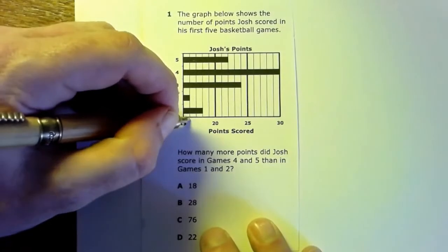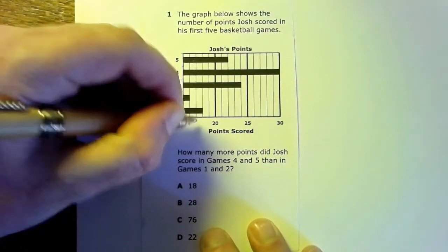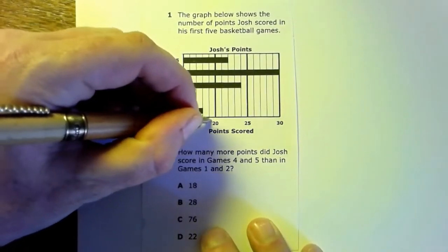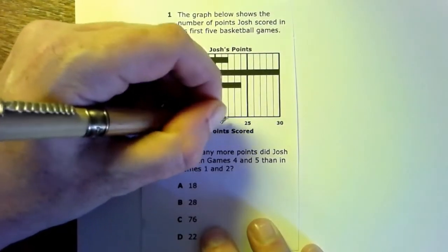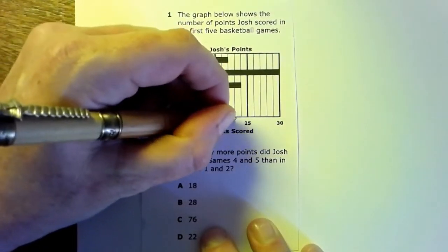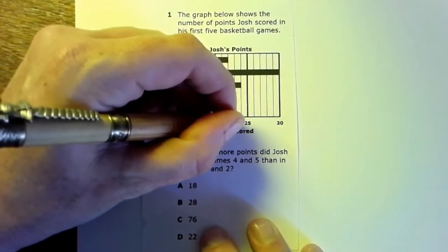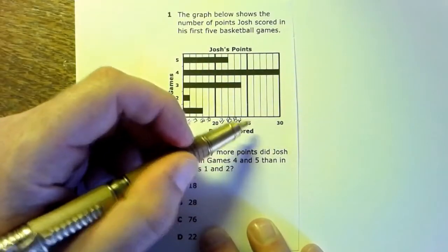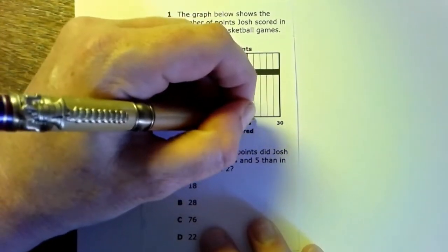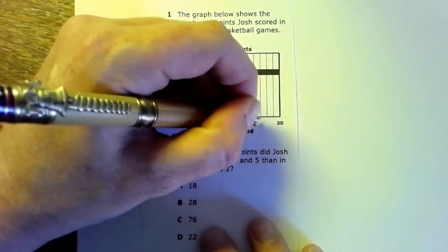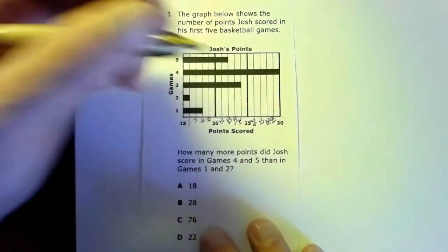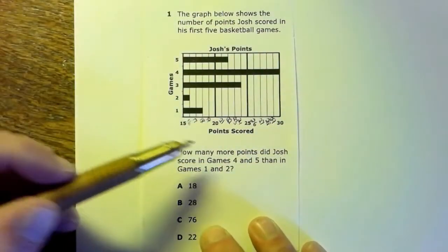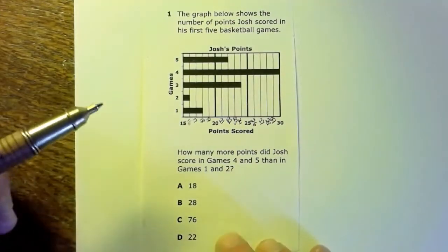So this would be 16, 17, 18, 19, and 20. Then 21, 22, 23, 24, and of course 25. Then 26, 27, 28, 29, and 30. So now I have labeled every line on my bar graph.